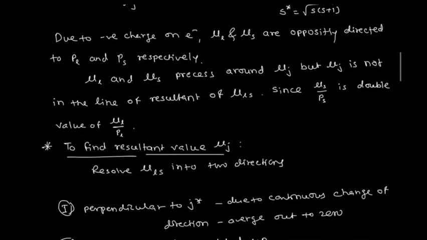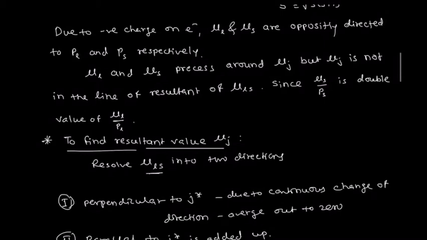To find the resulting value of the magnetic moment due to the total quantum number J, that is mu J, we resolve mu LS into two directions. Which two directions do we take? The first is mu LS perpendicular to J star. If mu LS is perpendicular to J star, then what happens? They precess continuously, changing direction.